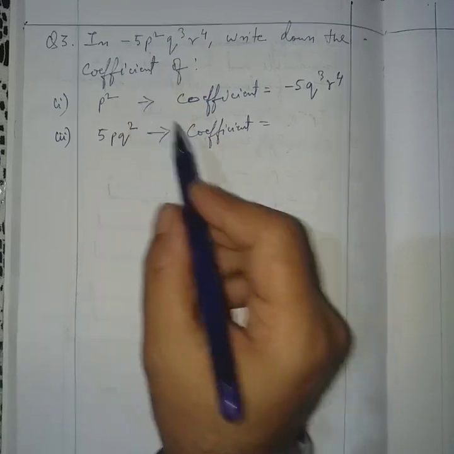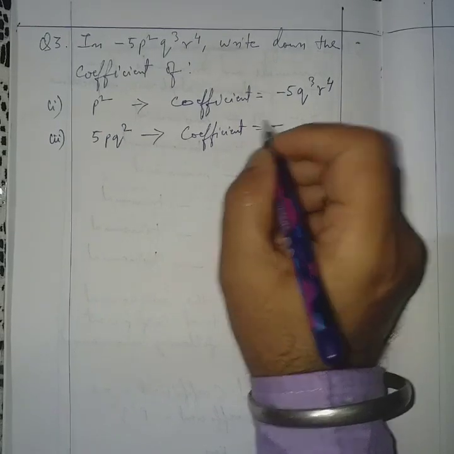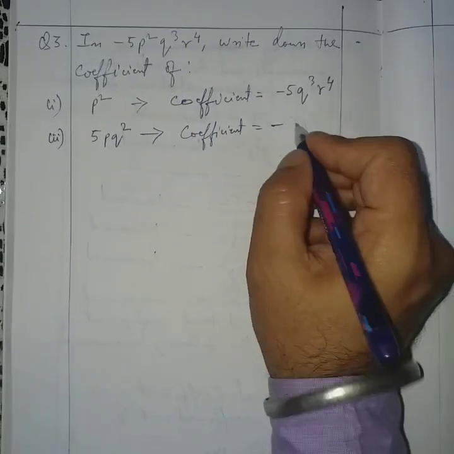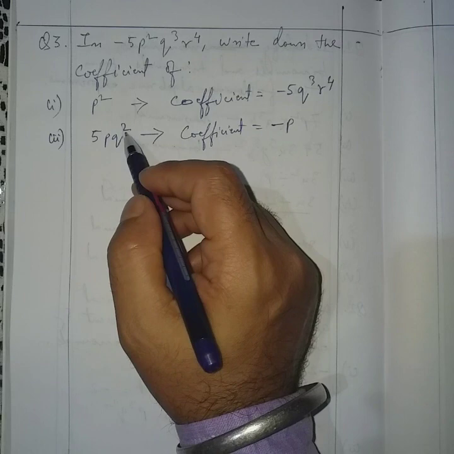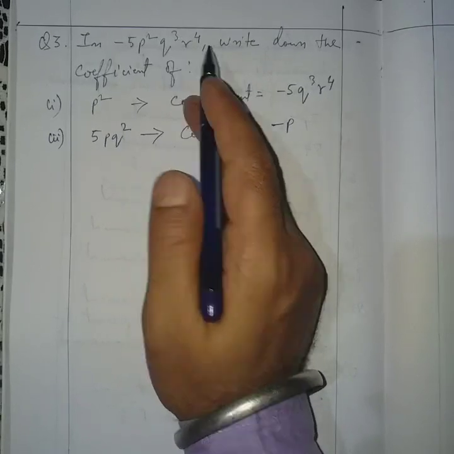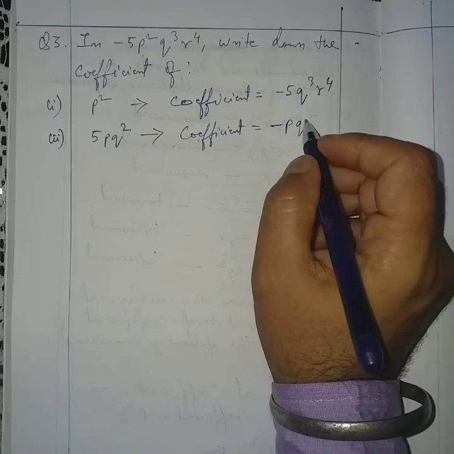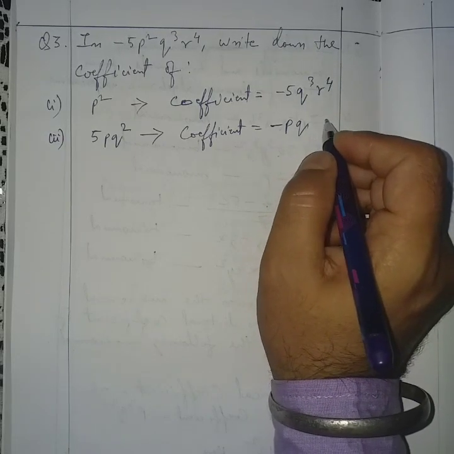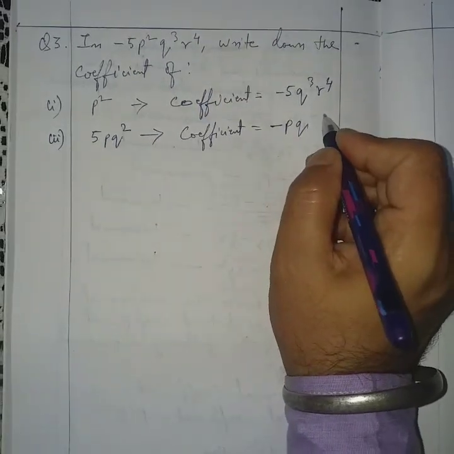Okay, so from this minus is there, 5 is here, p is here, p square, so 1p. Okay, q square is here, so from q cube 1q is remaining and r to the power 4. Okay, r to the power 4.